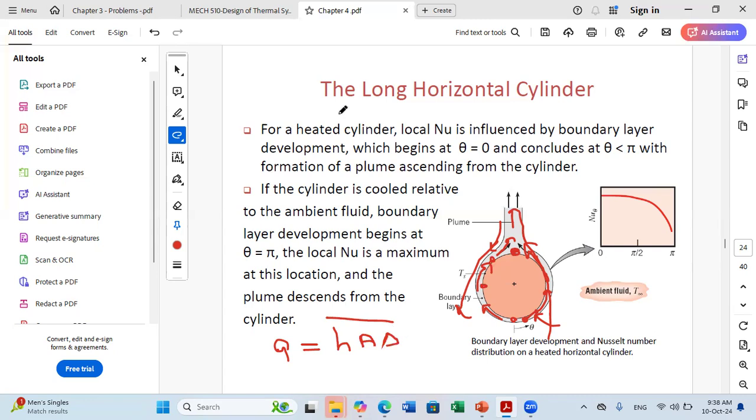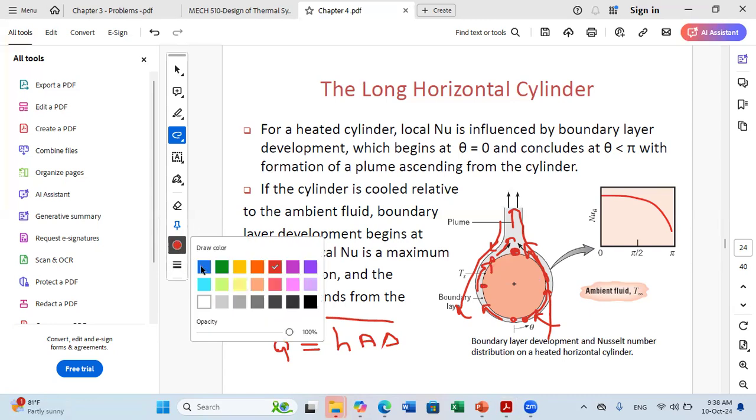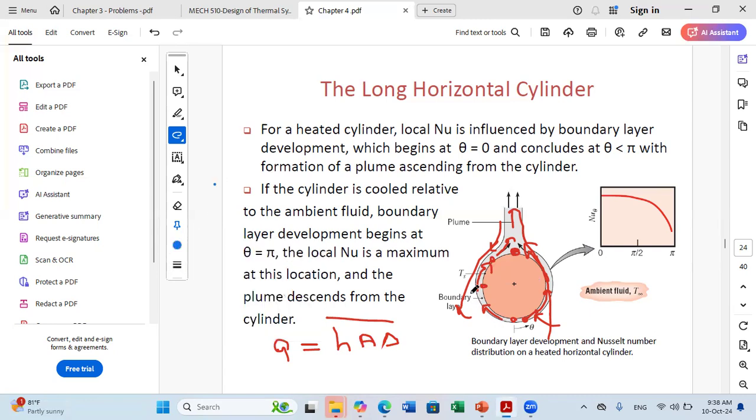Okay. For example, I can ask you two types of questions. I can tell you at this location here, for example, at theta 90 degrees, okay? This is theta equal 0. I can ask you for theta equal pi over 2, at this location here. What is H?